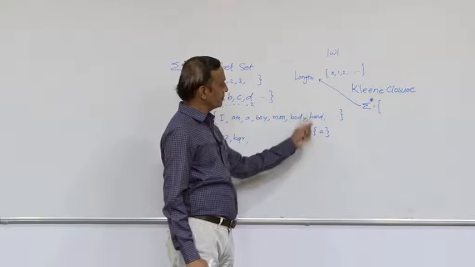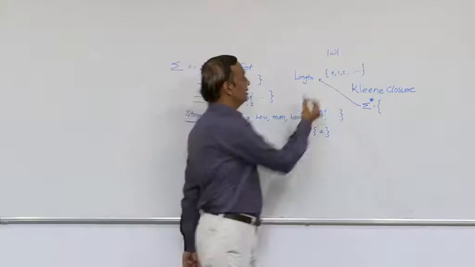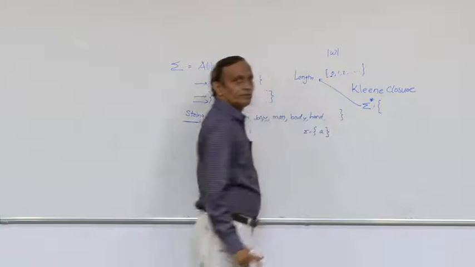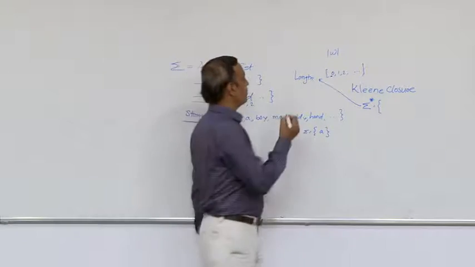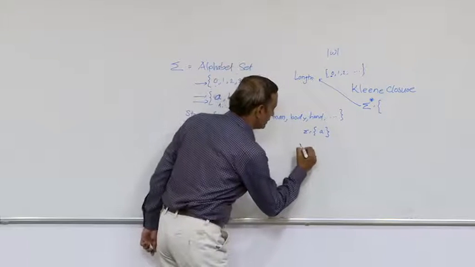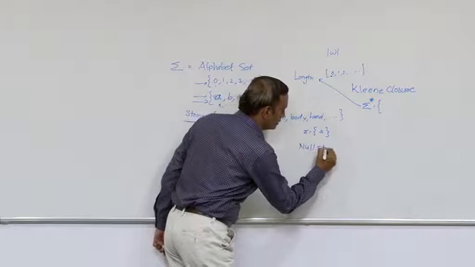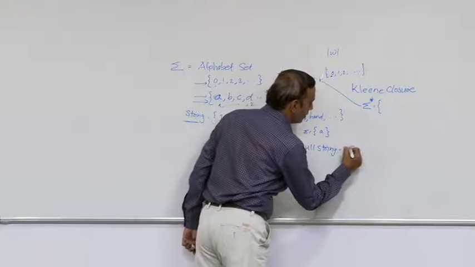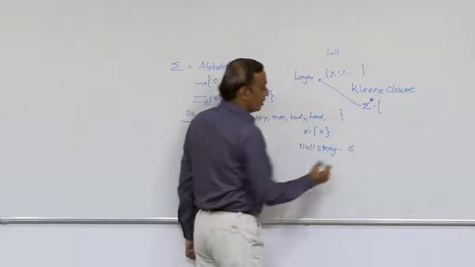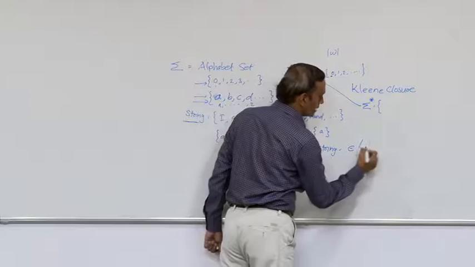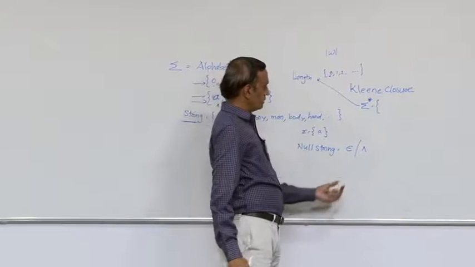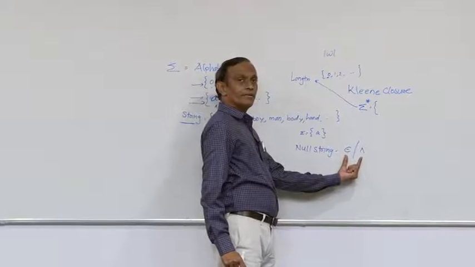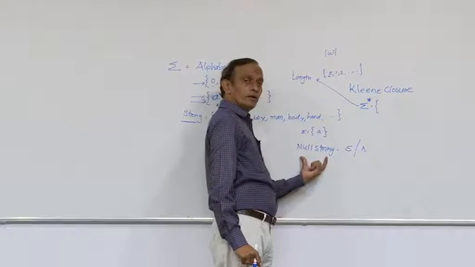Here the length can be 0, so it could be a null string. Whenever we talk about a null string we are going to represent it using the symbol epsilon, or in some books you may find this notation as well, the caret. So this would be used for representing a null string.